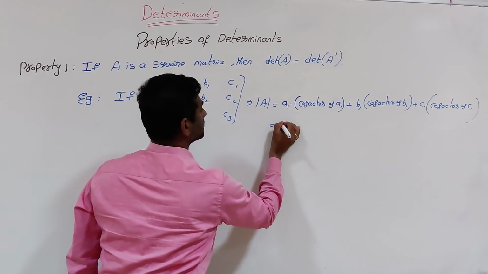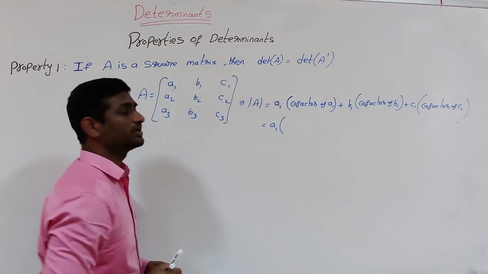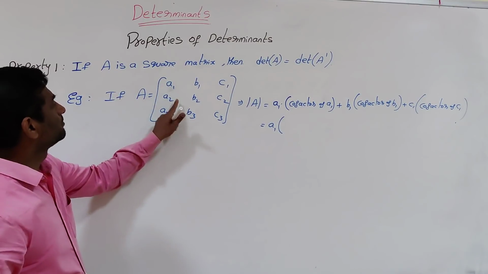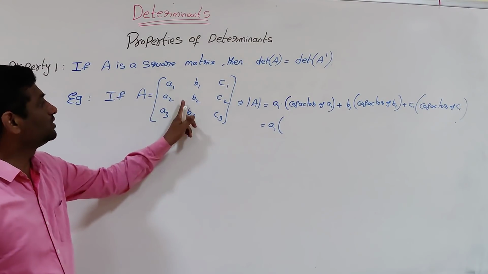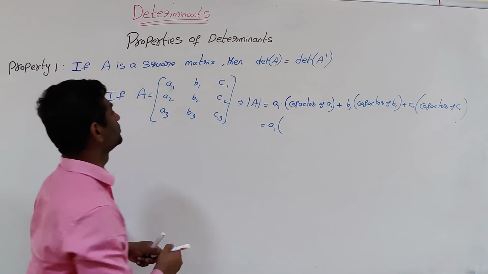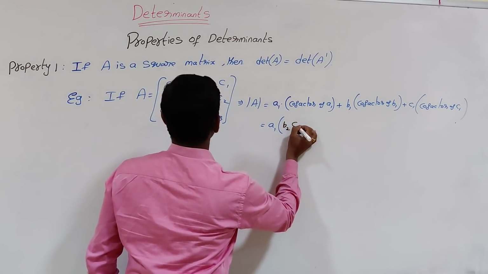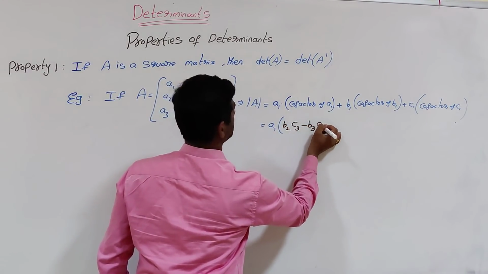So let me write A1 into the cofactor of A1, which will be minus 1 whole to the power 1 plus 1 into B2 C3 minus B3 C2.